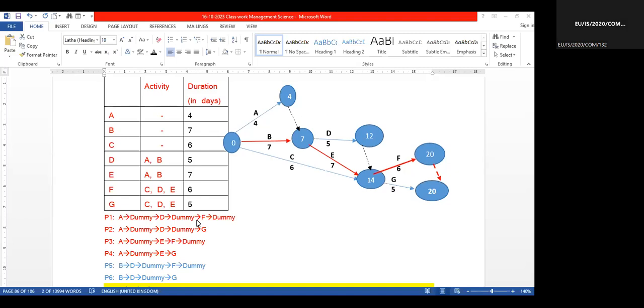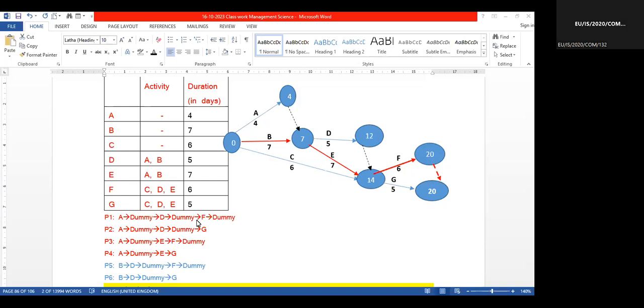It will increase by 2 days. So the project cannot be completed in 20 days. It will increase by 2 days, to 22 days.